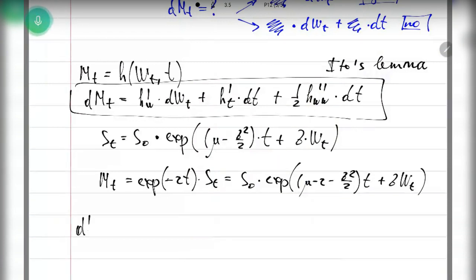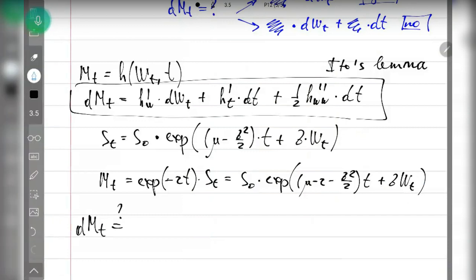And if I calculate dM_t, what will I get? Let's calculate this.